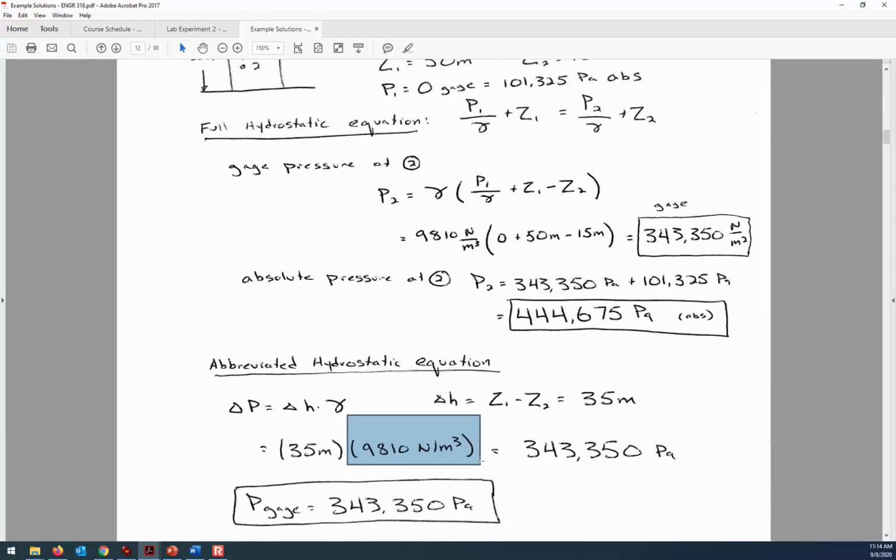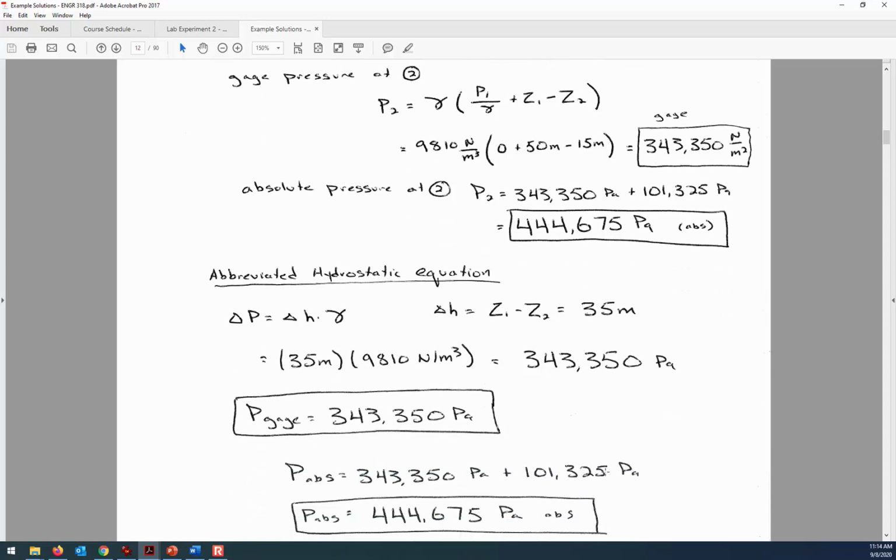So if you think about these units, newtons per meter cubed, another way of thinking about those units is newtons per meter squared per meter. So that's 9810 pascals of pressure increases for every meter down through the water that you go. And we're going 35. So that means that the gauge pressure is 343,350, and therefore the absolute pressure will just be that gauge pressure plus atmospheric.